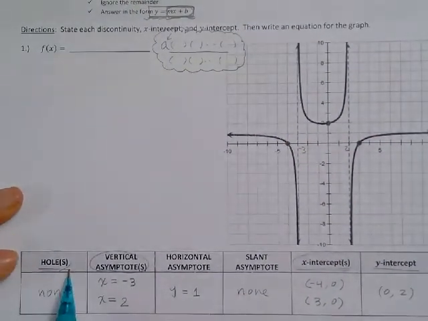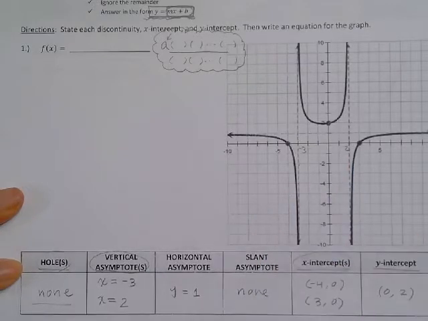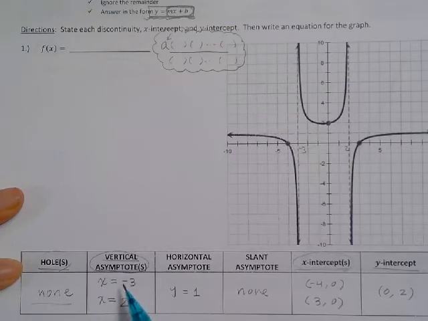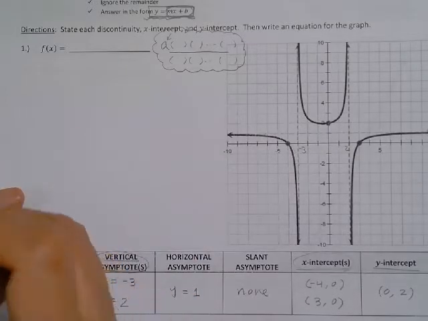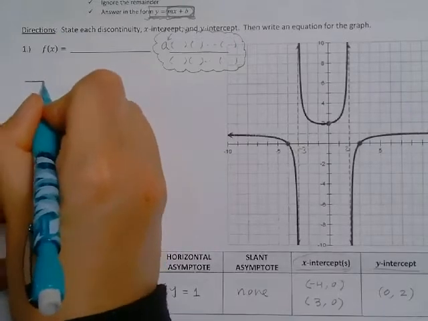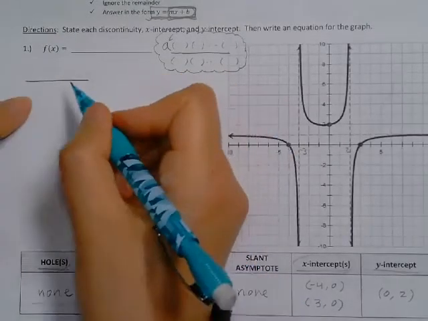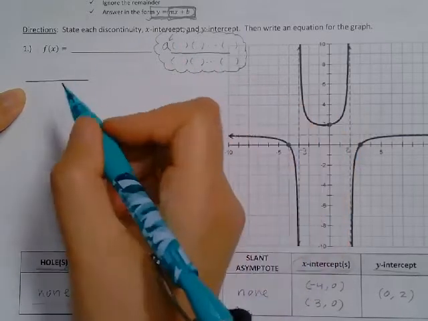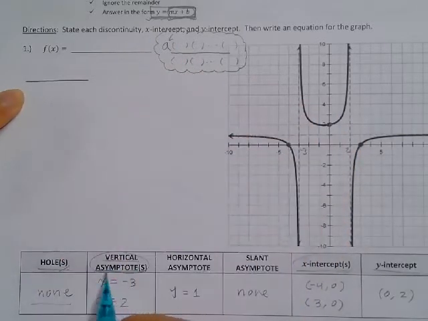So then let's figure out some factors that we can start with. Do I have any holes? No, not in this case. So now I can move on to vertical asymptotes. As we mentioned before, vertical asymptotes are from the denominators of the rational function. So now let's build the denominators, the factors on the bottom. How many vertical asymptotes do I have? 2.